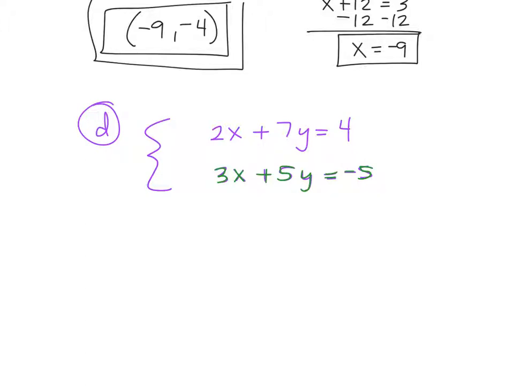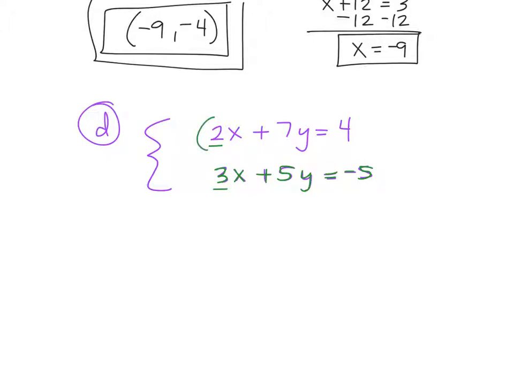Are they in standard form? Yes. Do you have opposites? No. Can you multiply one equation to get opposites? Not nicely, okay? You could, but you would have to multiply by a really weird number. So instead, you have to multiply both of your equations, and we want them to be opposites. So there's a lot of options here. Typically, if you just take the coefficients and swap them, but make sure one is negative if you need to make them opposite, right?